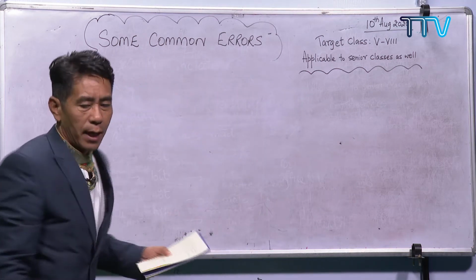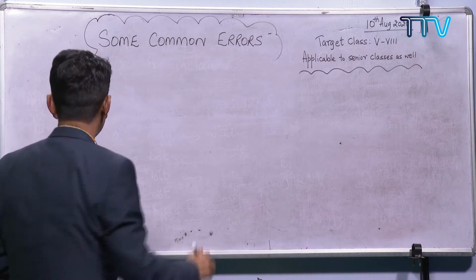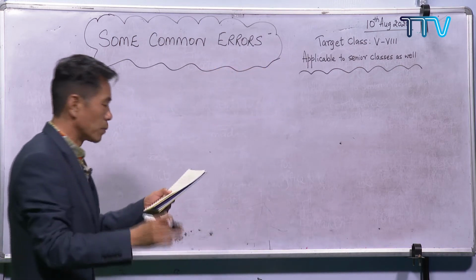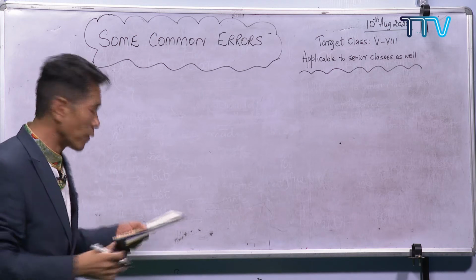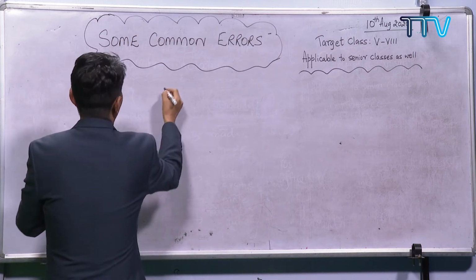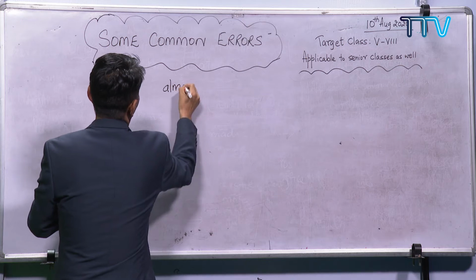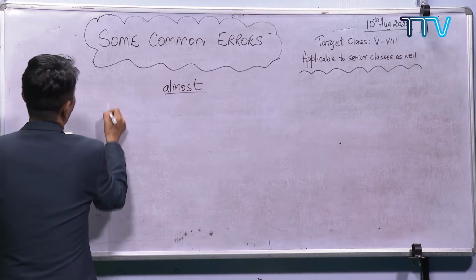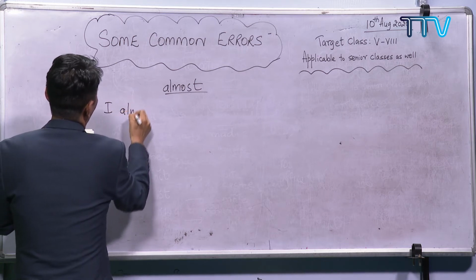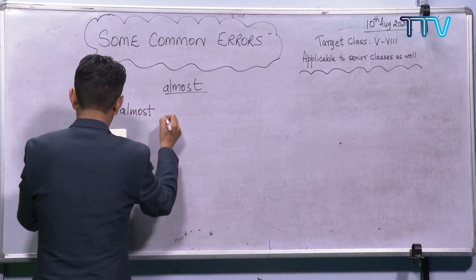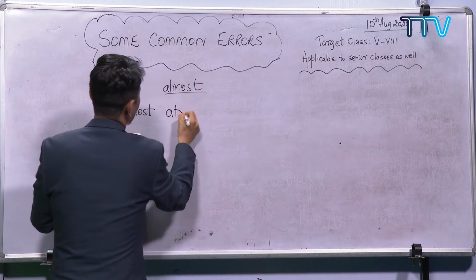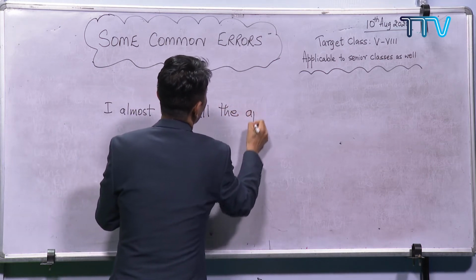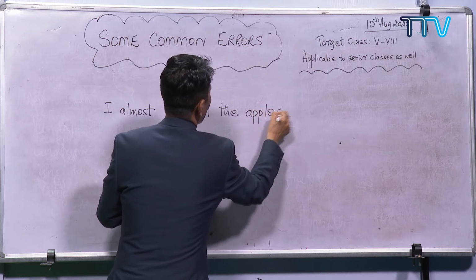Okay, now sometimes when we use some words, if we place them in the wrong position, then it has a different meaning. For example, you have this word almost. For example, I almost ate all the apples.